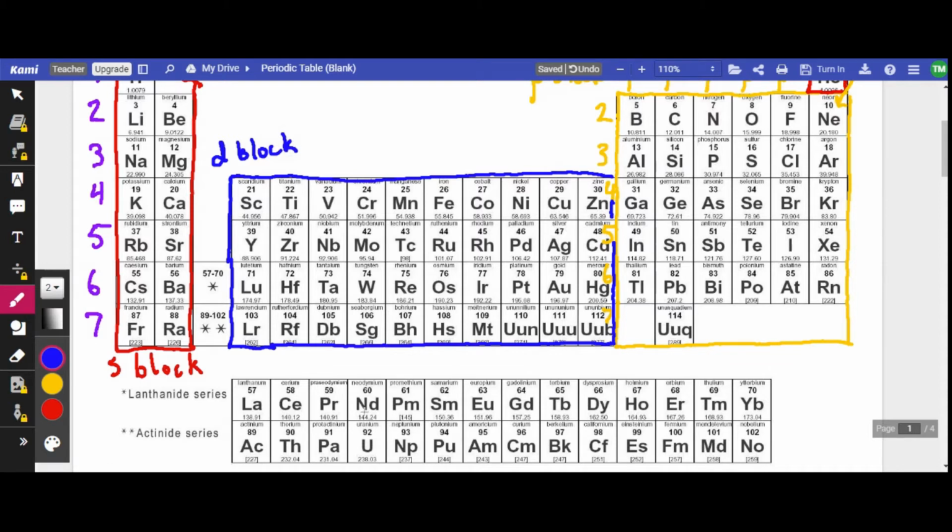And what's left down here is going to be the F block. But in reality, that's a little bit different. We actually end up with the D block being like this. But these guys are part of the D block.